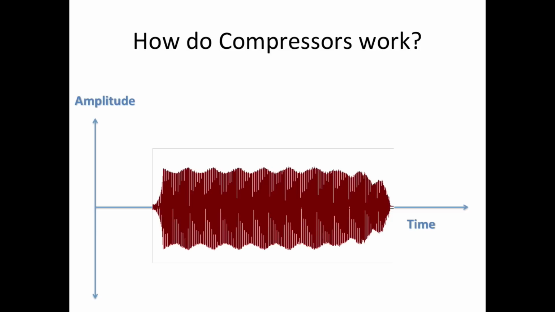Now, many compressors do not respond to a lot of the minor fluctuations and variations in the signal that are a result of the signal's pitch that show up in the signal's waveform. If it's going to just respond to loud sounds, a compressor wants to ignore when the amplitude of the signal changes very fast.